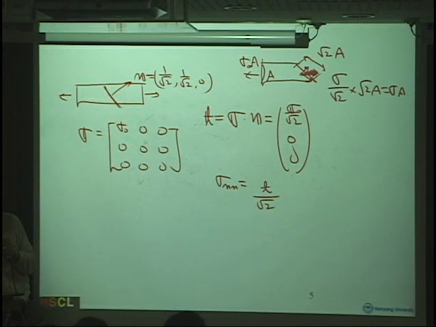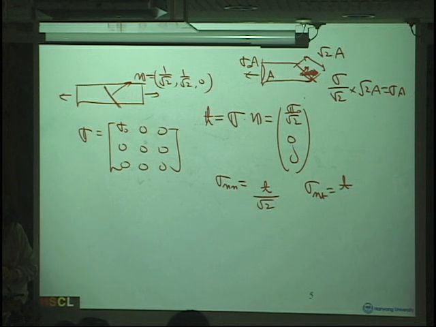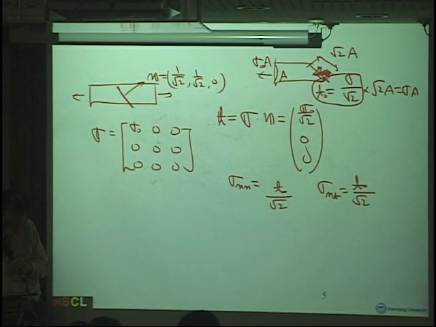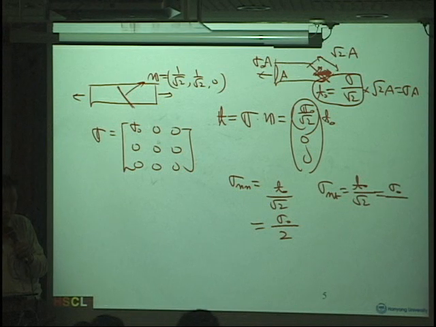Vector decomposition: normal component and shear component. And sigma nt will be again T0 divided by root 2, which is sigma 0 over 2, and this will be sigma 0 over 2.